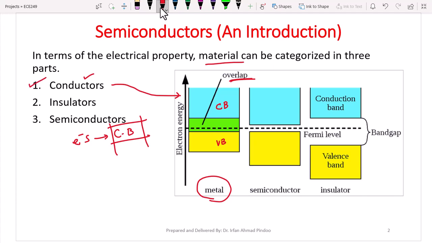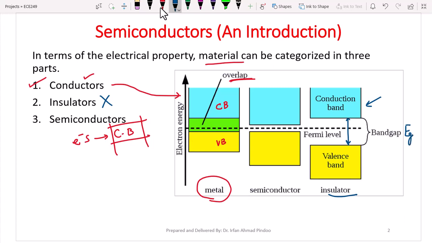So this is one extreme end of conductivity, and the second extreme end is insulators. Insulators are materials that do not conduct at all, and you can see the third diagram here which corresponds to the insulator. We have a valence band and the conduction band, and in between there is a very huge energy band gap. The difference between the valence band and the conduction band is the energy band gap, Eg.